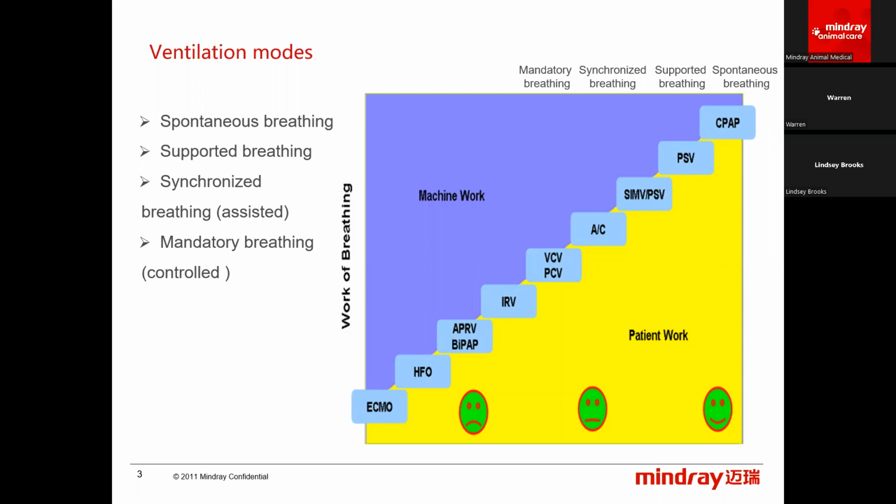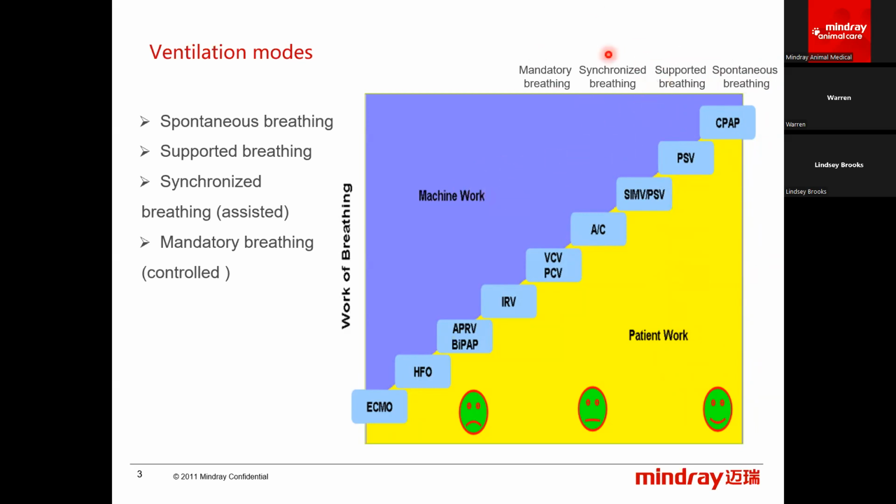The patient determines the respiration rate and the size of the breath as well. That's the patient doing all of their own work. We have supported breathing, which is the next down on the spectrum, where the patient is still doing a considerable amount of work versus the machine.